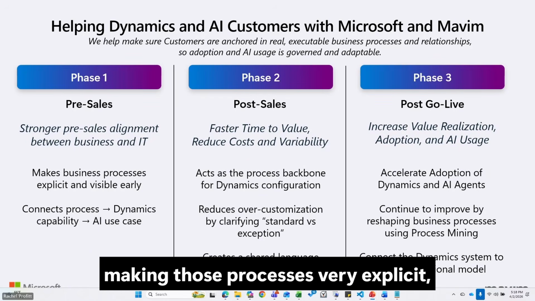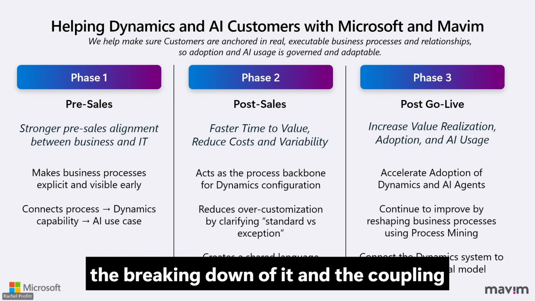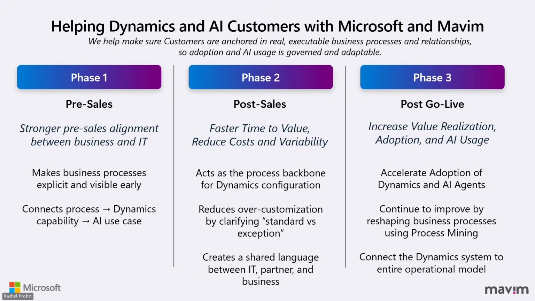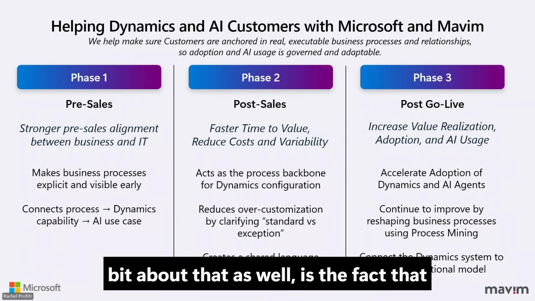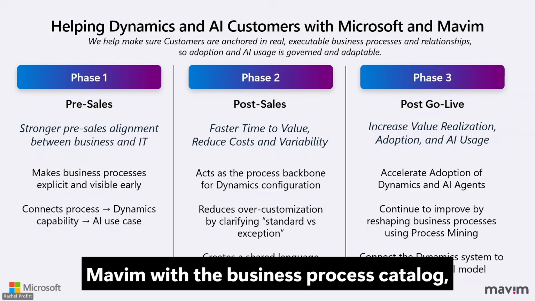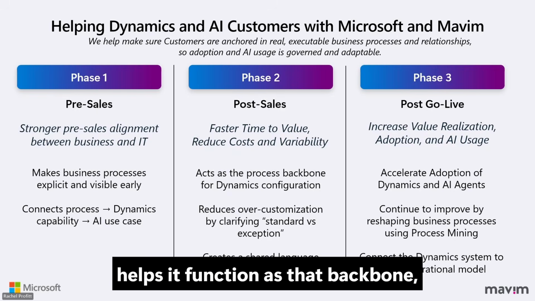By making those processes very explicit, very visible, very detailed in the breaking down of it and the coupling to the technology that supports it. During post-sale, and we spoke a little bit about that as well, is the fact that through that, the combination of Mavim with the business process catalog, and especially in the context of AI, it helps it function as that backbone, right?